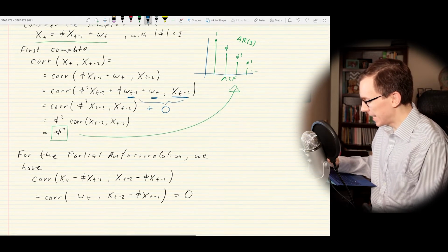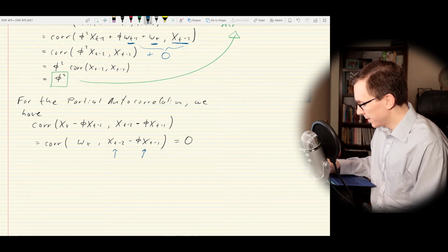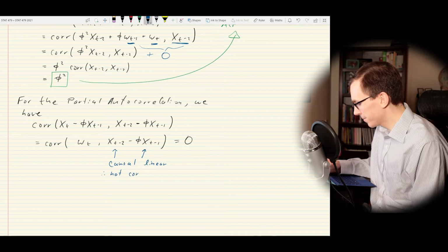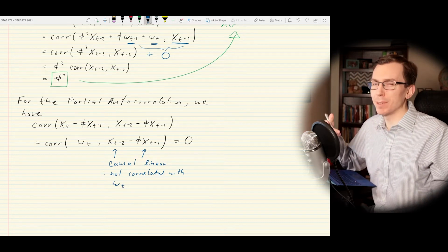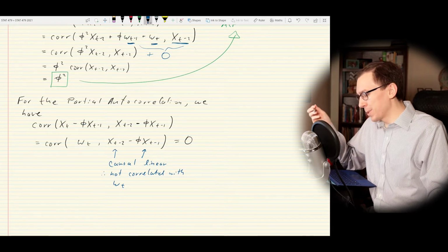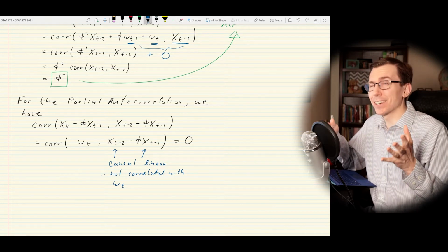Just to emphasize, as I said above with those blue lines, this is causal linear, therefore not correlated with WT or any future white noise, WT plus 1, T plus 2, etc. So this is a really quick way to compute this without writing out the definitions and looking at the white noise terms.